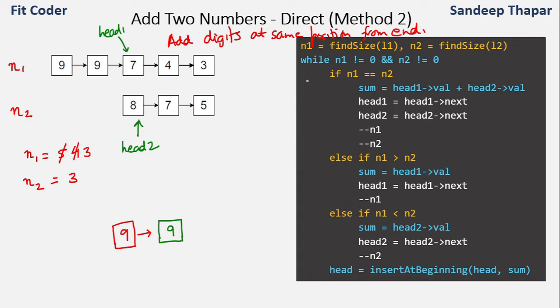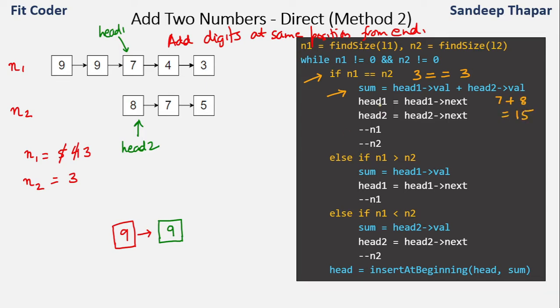In the next iteration, we check if n1 is equal to n2. So now both n1 and n2 are equal to 3, which means there is a node in both the linked lists at the same position, so they need to be added. So now we add the values of both the nodes. So head1 is 7 and head2 is 8. So this becomes 15.